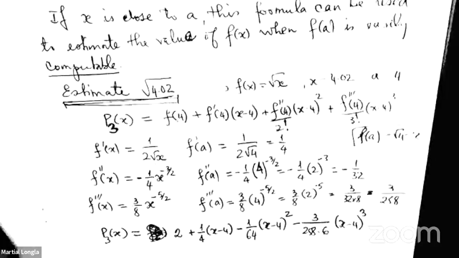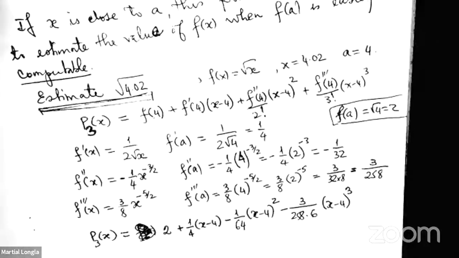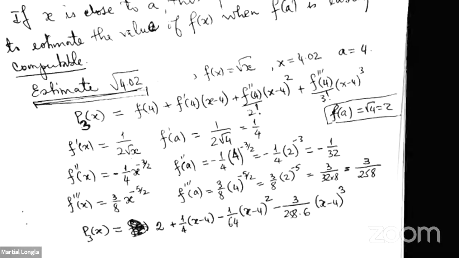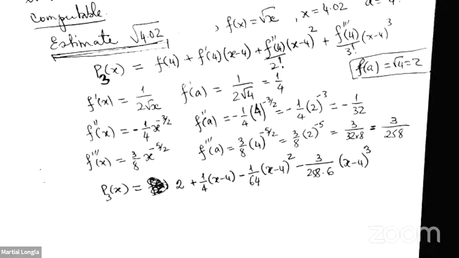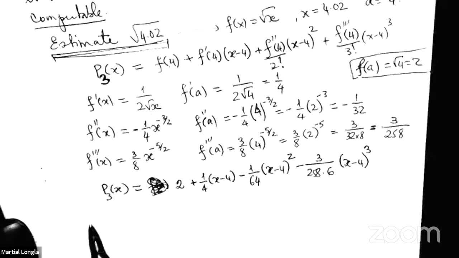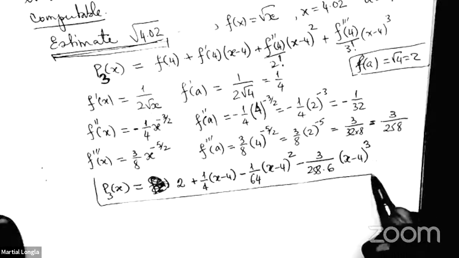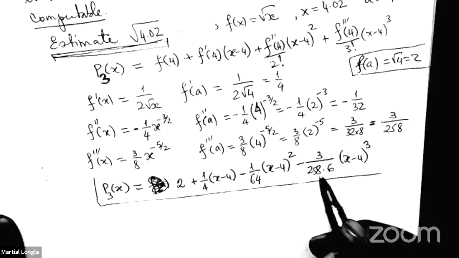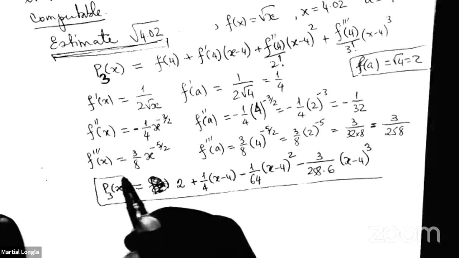So this is the polynomial of degree 3 that is used to approximate the function. Then we can multiply here, divide by 3 and multiply this 2 by, that's going to be 512. So minus 1 over 512.